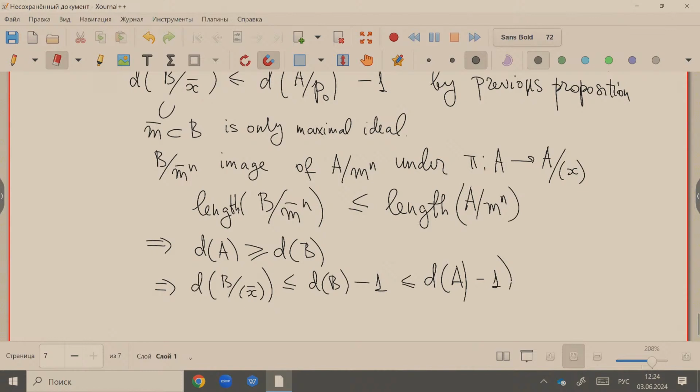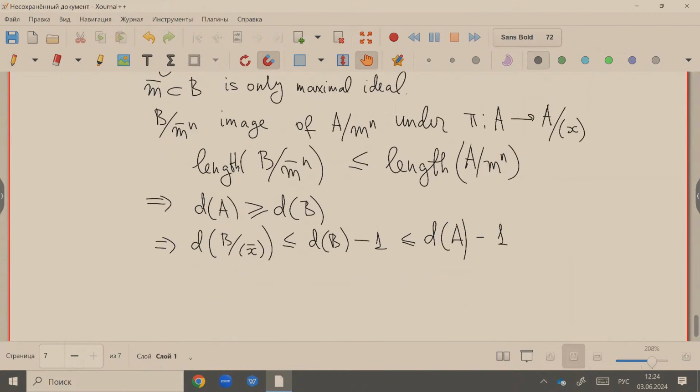Now we have decreased d, and this is induction by d. So we can proceed by induction on d.